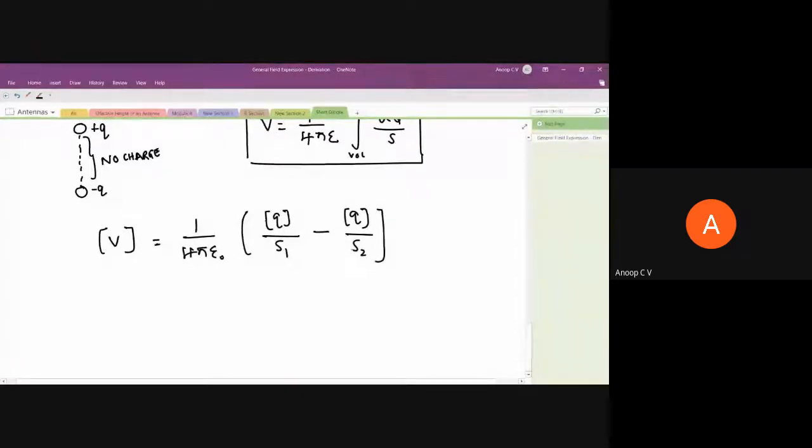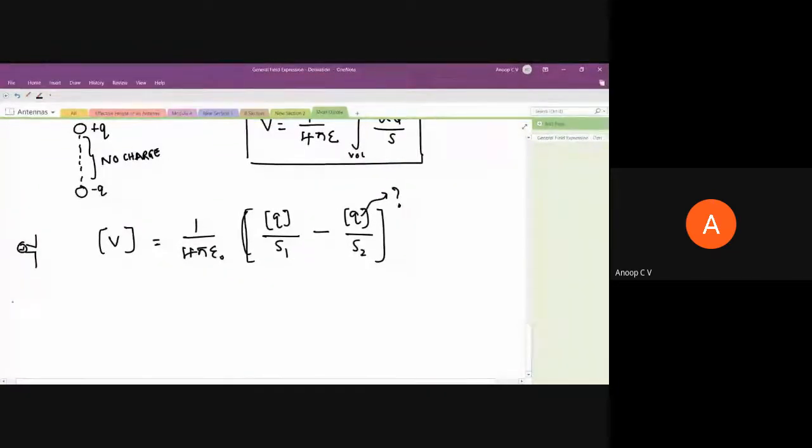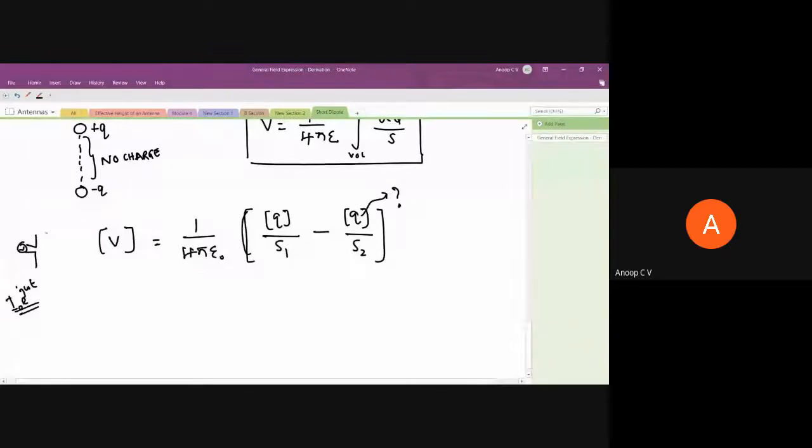But what we need is, do we know what is Q? I don't know what is Q. So I have a dipole like this, which is excited with some source I naught e power j omega t. I know that, and I know the length is L.